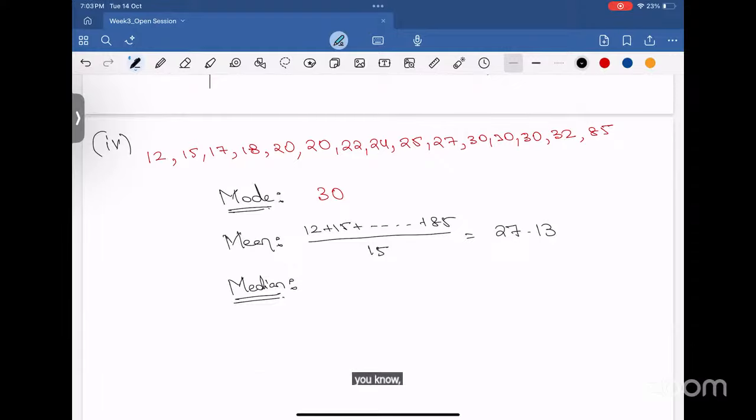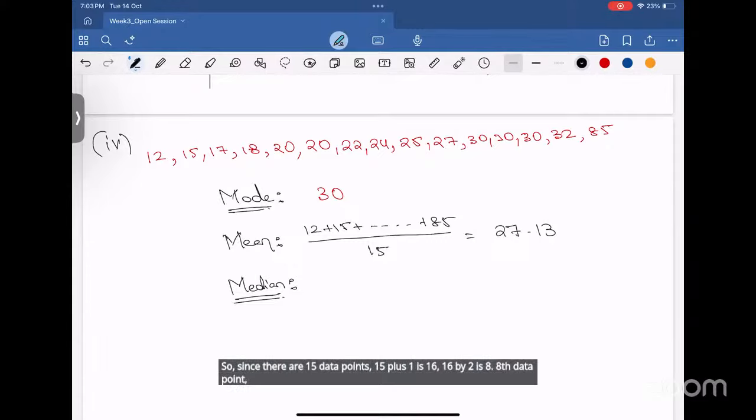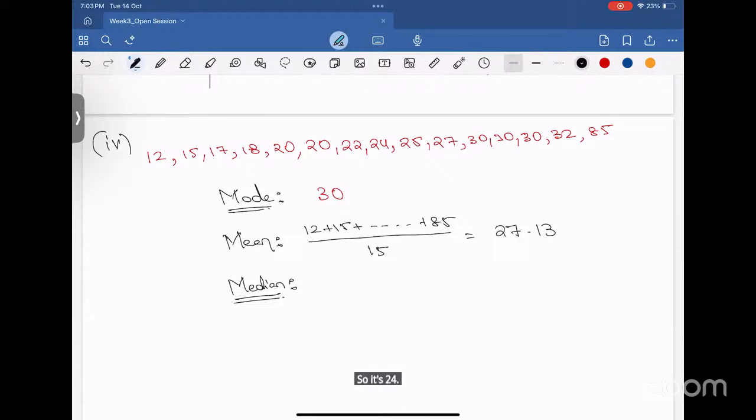Whatever the data point you choose, the left and right side should have an equal number of data points. That's the easiest way to choose, or you can just find it by n plus 1 by 2. So since there are 15 data points, 15 plus 1 is 16, 16 by 2 is 8. Eighth data point is the middle. So it's 24. So 1, 2, 3, 4, 5, 6, 7, 8 is 20.